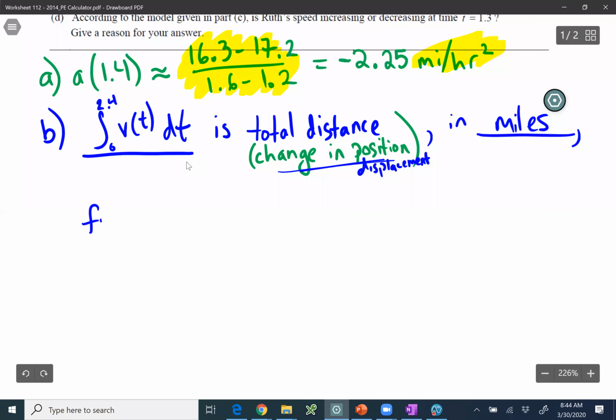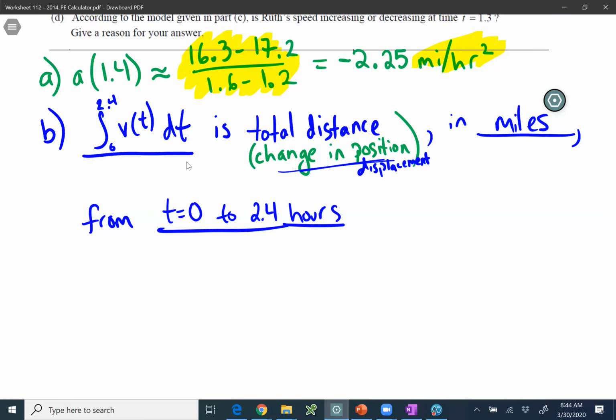So from, and then this is, again, something that's going to change in our problem. Ours is from t equals 0 to 2.4 hours. So we need the units there also. So that's kind of like a little bit of a sentence starter for you on these.